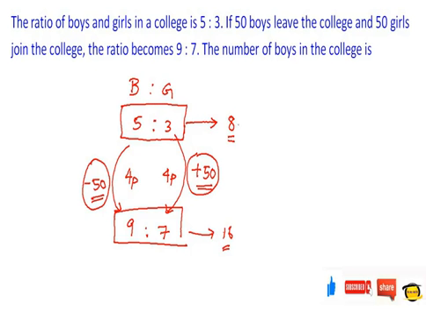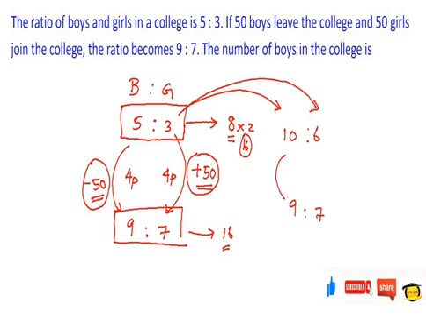So let's try multiplying by 2 here, which means this will also become 16 parts, right? So if we try that, in the boys ratio, 5 2s are 10. In the girls ratio, 2 3s are 6. So the 10:6 ratio becomes 9:7 because of removing 50 boys and because of adding 50 girls.